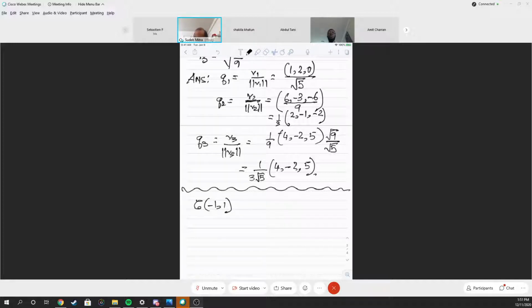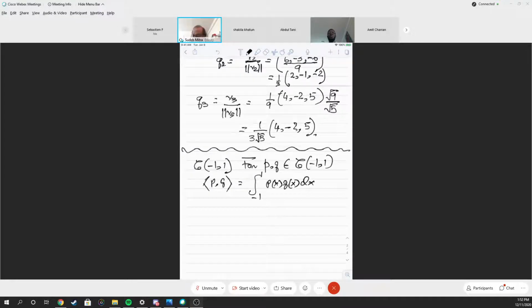For P and Q in this space, define the inner product P comma Q to be the integral from minus 1 to 1 of P(x) Q(x) dx.